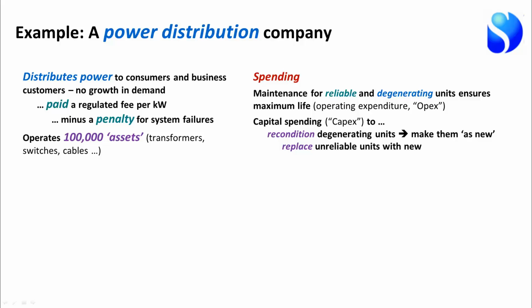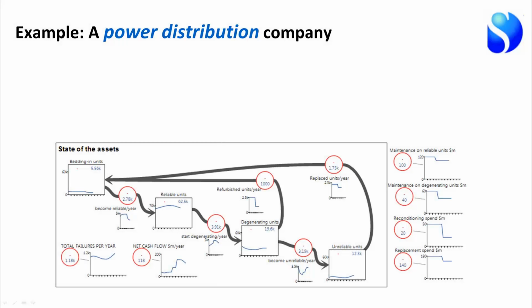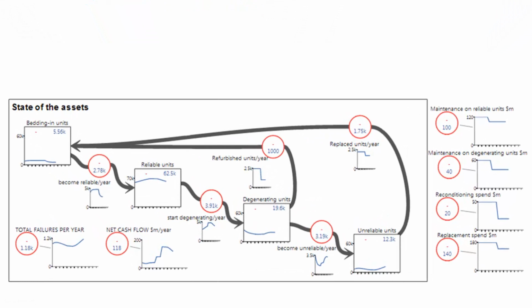The particular company we're looking at has this number of units in these different states. This is the situation after 16 years of the company's history that we've been tracking. On the left, nothing much has changed in the number of units that are bedding in, there was a slight increase in reliable units, a slight decrease in degenerating units, and very little change in unreliable units.